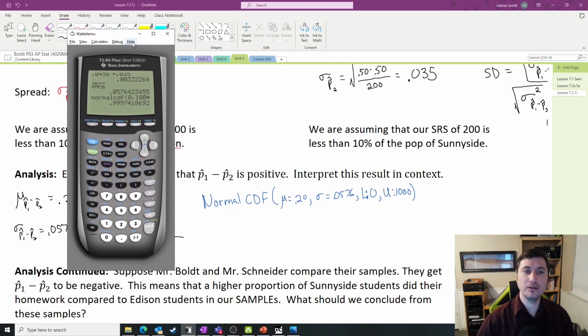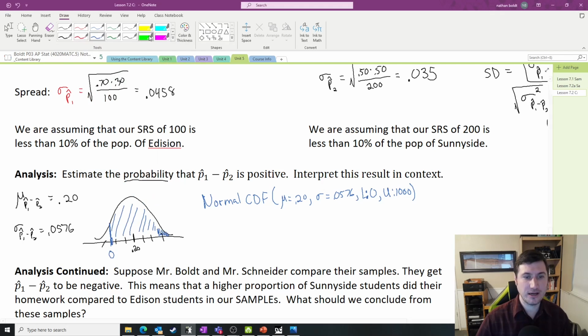All right, so the upper and the lower have to come from the context of the question, somehow. In this case, the way I figured that out is I want to figure out the probability of this quantity being positive. So I interpret positive as greater than 0. And so I visualize it on the normal curve. Here is 0. If I want everything greater than that, I want to color in everything to the right. So my lower boundary is at 0.